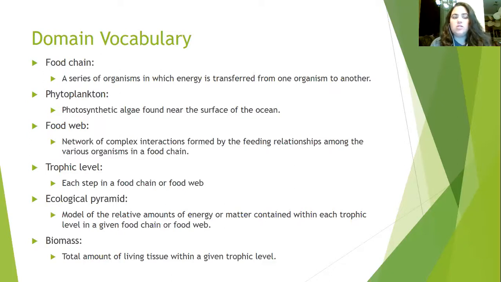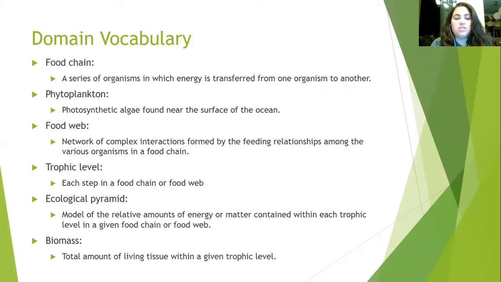So food chain: a series of organisms in which energy is transferred from one organism to another. Phytoplankton is the photosynthetic algae found near the surface of the ocean. Food web is a network of complex interactions formed by feeding relationships among the various organisms in a food chain.